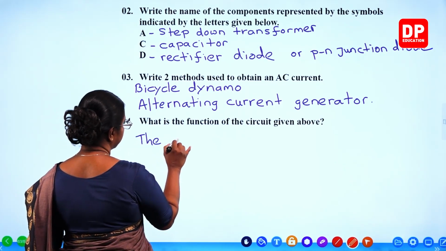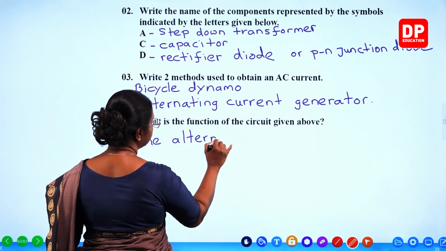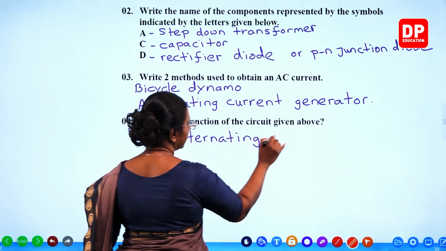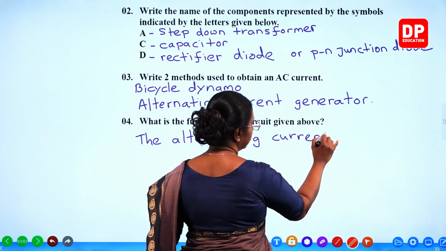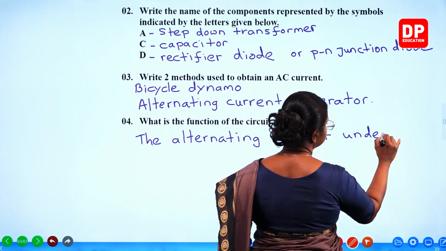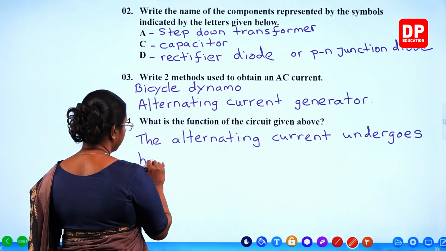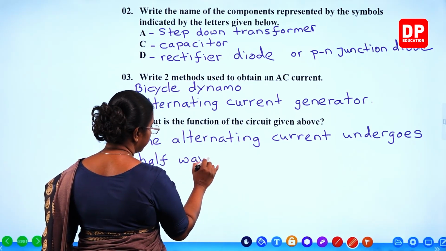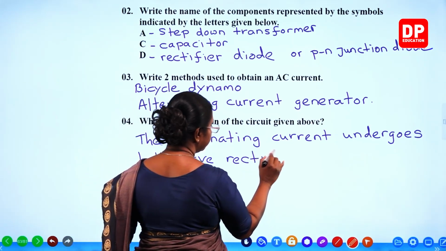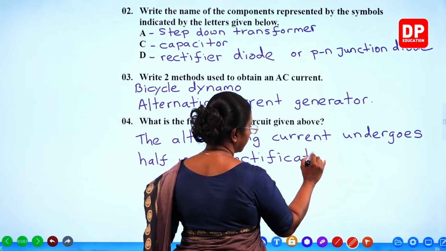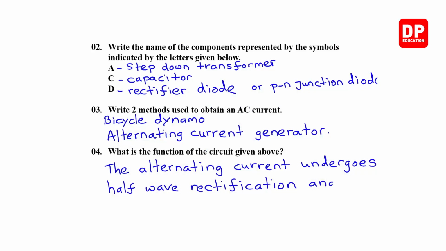The alternating current undergoes half wave rectification and smoothing. So that is the function of the above circuit.